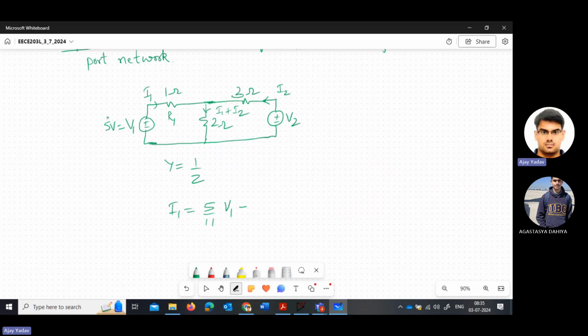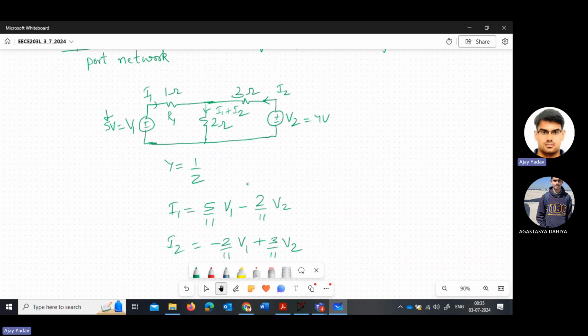I'm not putting the value of V1 5 volt and V2 4 volt as of now. Okay, no problem. Then this is minus 2 by 11 V2, and I2 is minus 2 by 11 V1 plus 3 by 11 V2.